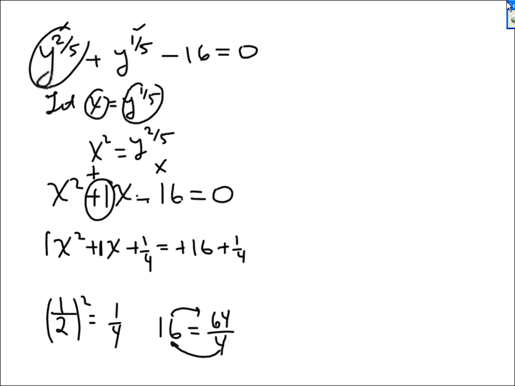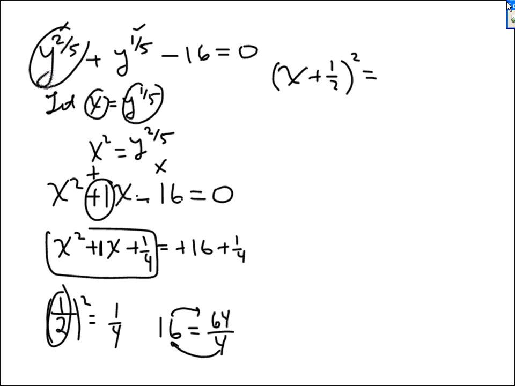Okay. So the left side is a perfect square. It is x plus a half, squared, and this is equal to 64 over 4, that's 16, plus 1 over 4, 65 over 4.